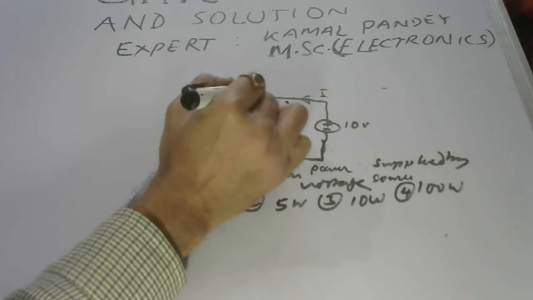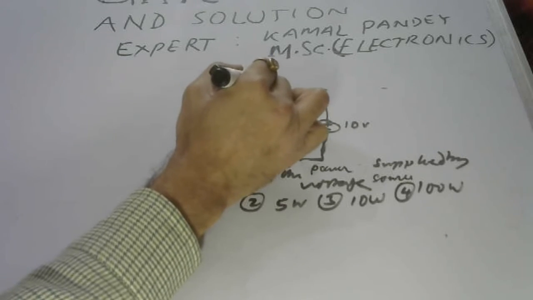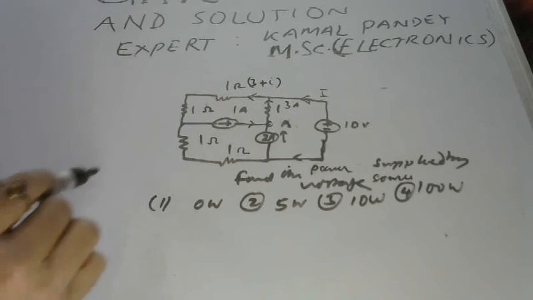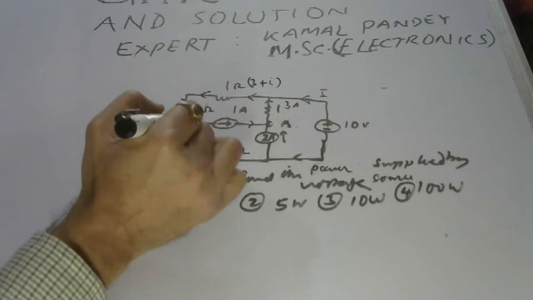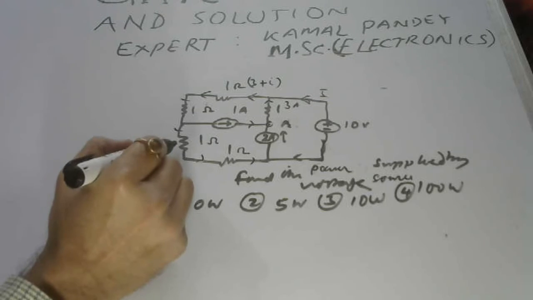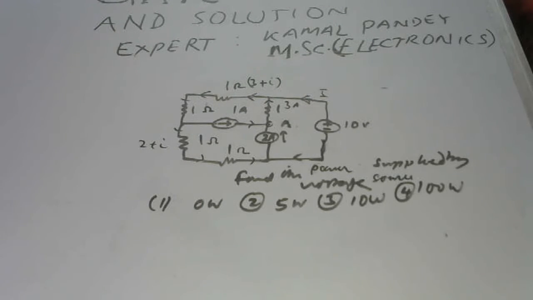And here a total current of 3 plus I will flow through the 1 ohm resistor. From the other 1 ohm resistance, 2 plus I current will flow.